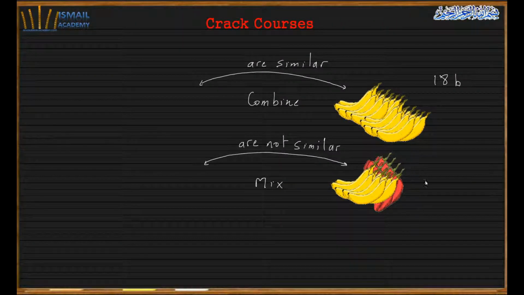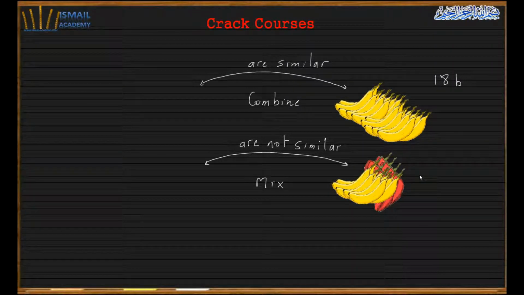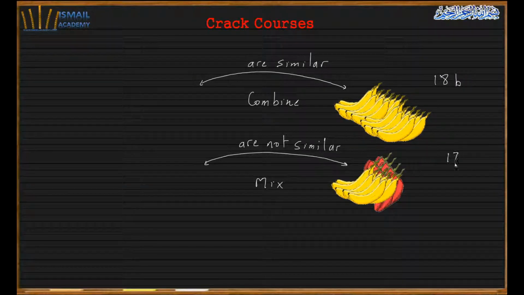If I count here I will get 17, but I cannot say 17 banana or 17 pepper. I can use none of the original units, so I need to create a new unit. I will say I have 17 items, and I will choose I for item.